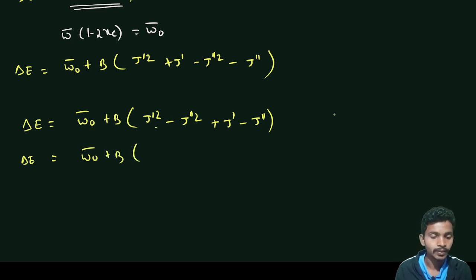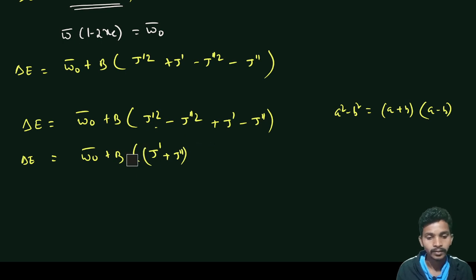So this one can I write, because a square minus b square equal to a plus b and a minus b. So this one I can write j dash plus j double dash and j dash minus j double dash.